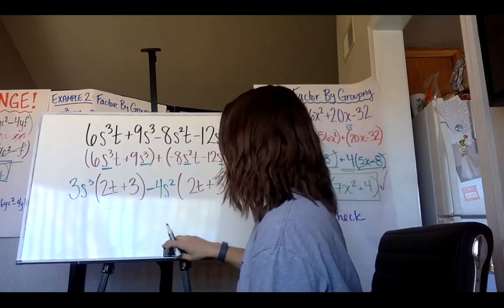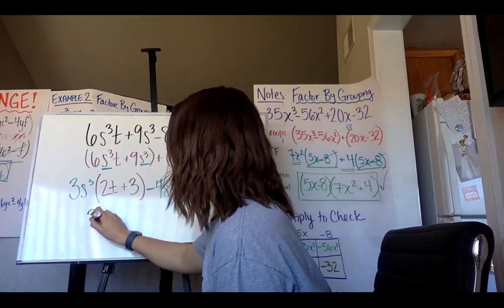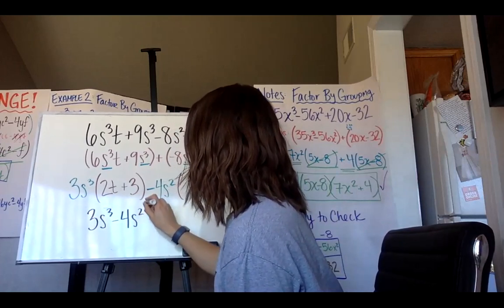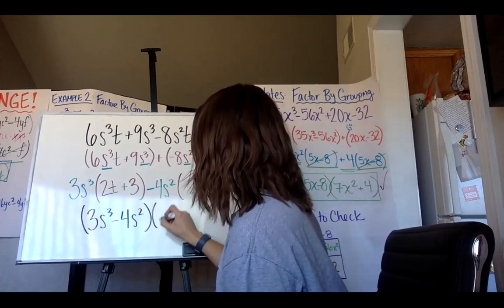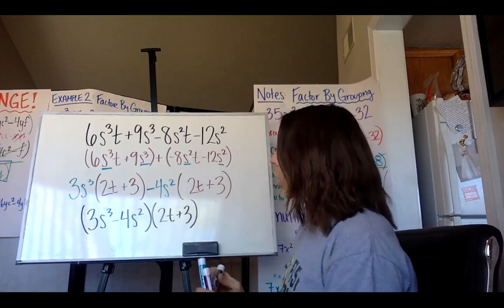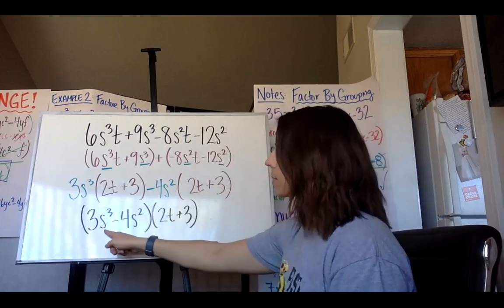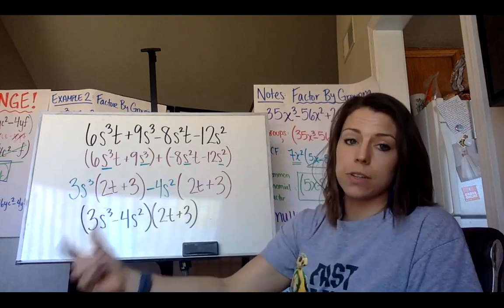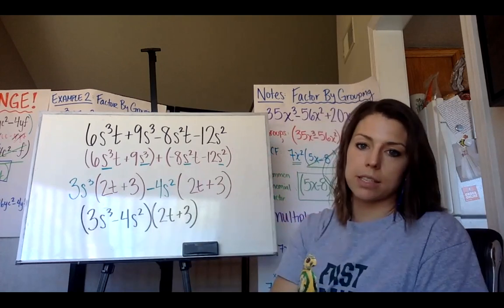If I put those out to the front, 3s cubed minus 4s squared and 2t plus 3, I'm like, oh, wait a minute, these both have s squared in common. I would have to factor that out in order for this to be correct on IXL.